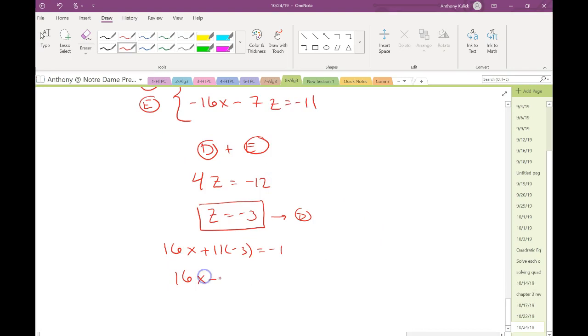So 11 times -3 is -33. When I add 33 to both sides, I get 16x is equal to 32. And when I divide by 2, I get x equals 2.